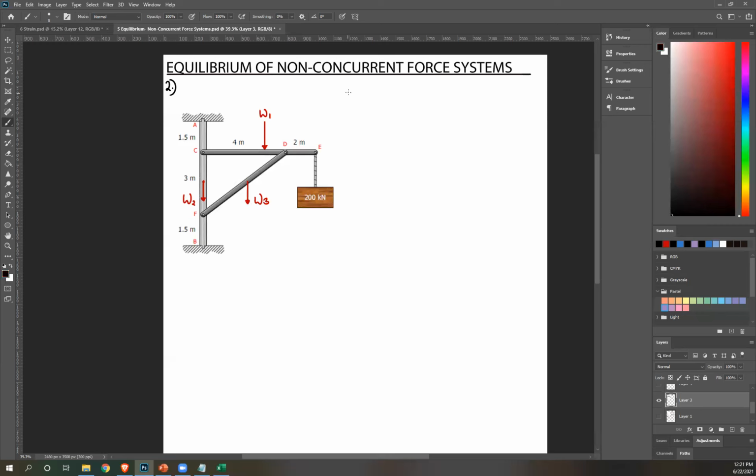Then to get the values of that, remember it's just the area. So all of these loads are 5 kilonewton per meter. Since it's a rectangle, I just have to multiply that by the length of each member. So W1 is 5 kilonewton per meter, multiplied by total span is 6 meters, so that's 30 kilonewton, right?